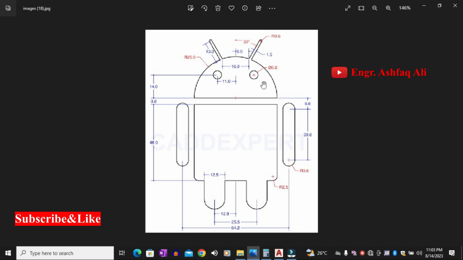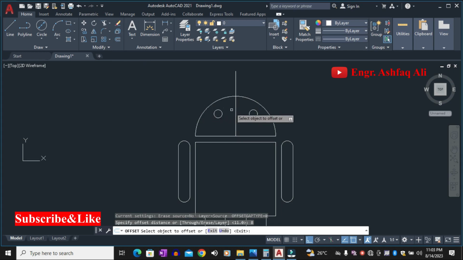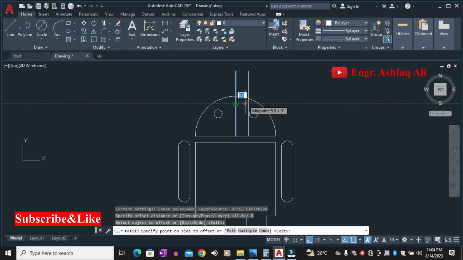So this is also complete. Now I am going to, for the above 2 particular portions, offset the center line on both sides.